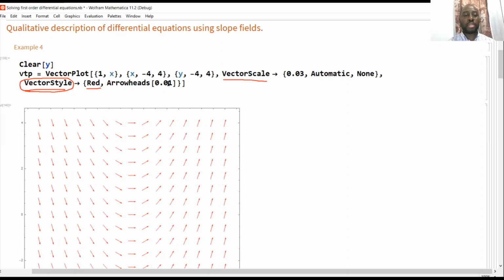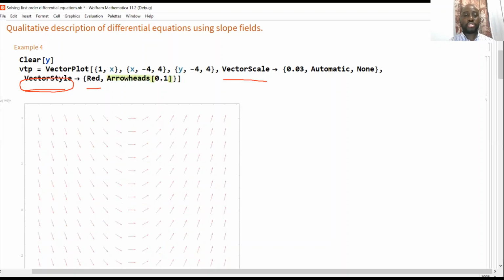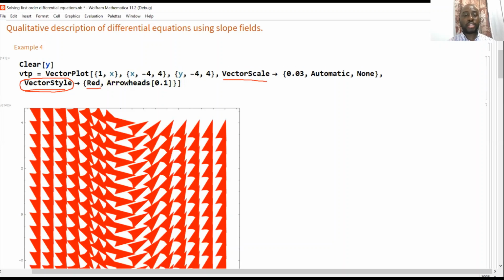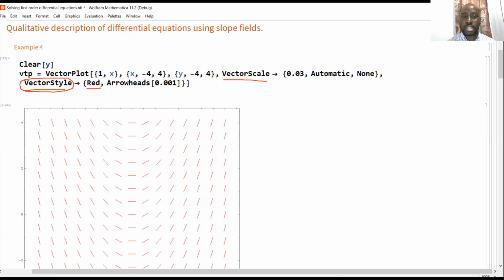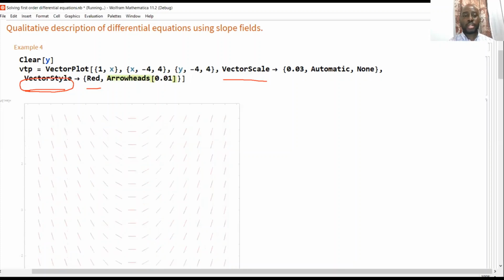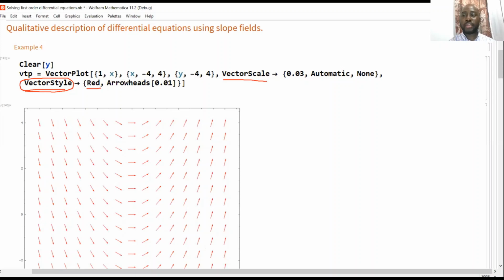If I want them to be larger, I can just reduce this ratio, and my arrowheads become way larger. If I want them to be a teeny weeny bit smaller, I can make this much smaller, and then I can almost not see the arrowheads anymore. And you can play with this until you find one that is right for your problem. So you can adjust the color, and you can also adjust the size of your arrowheads.